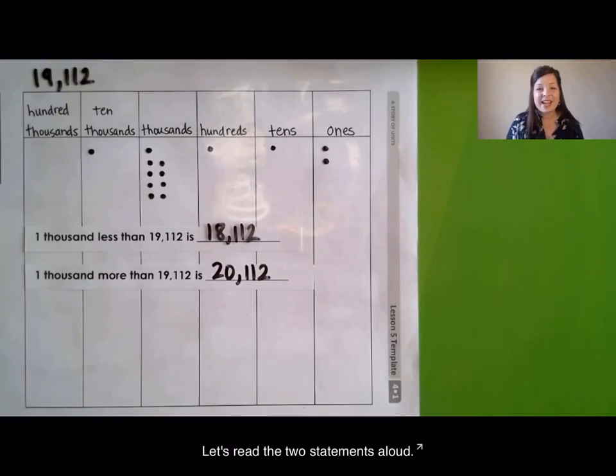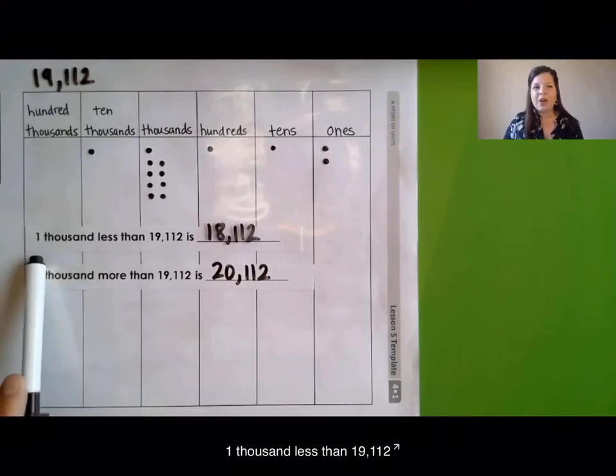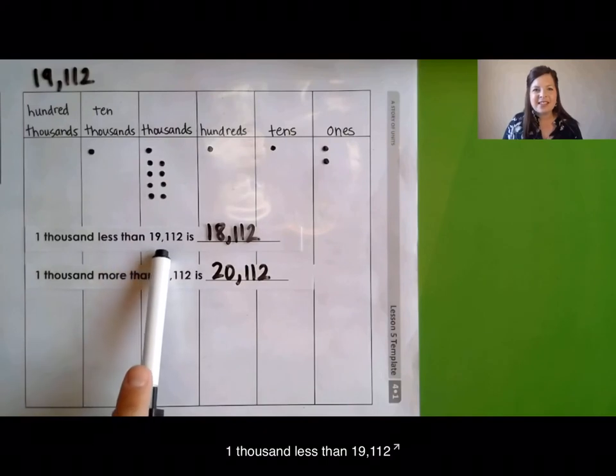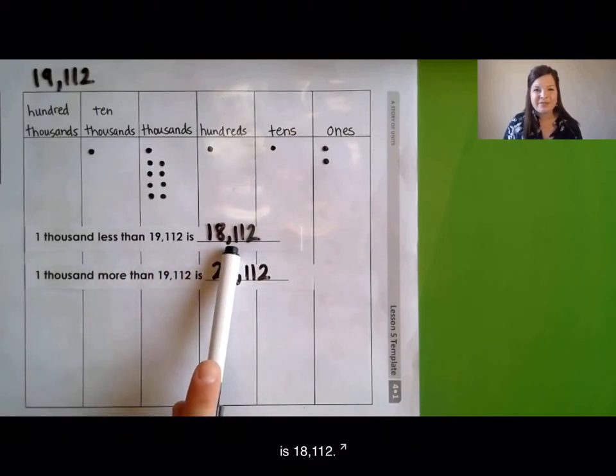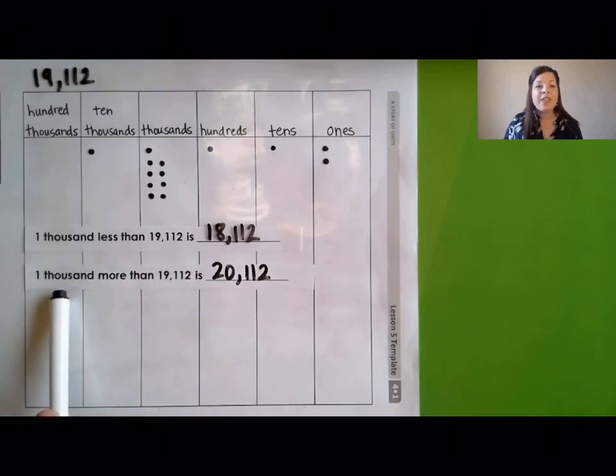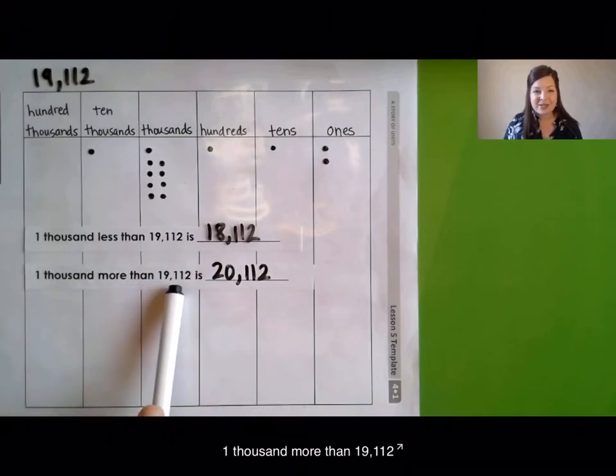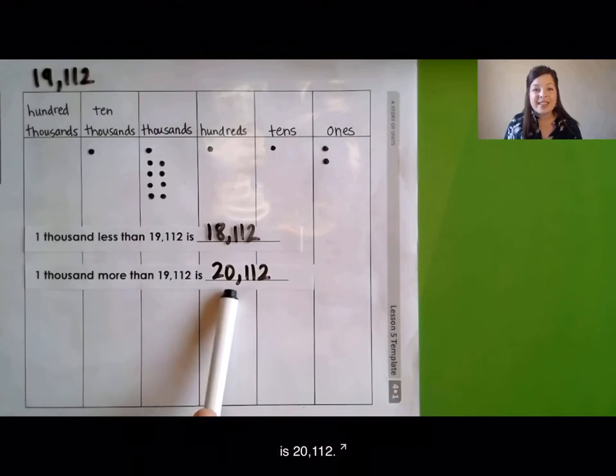Let's read the two statements aloud. 1,000 less than 19,112 is 18,112. 1,000 more than 19,112 is 20,112.